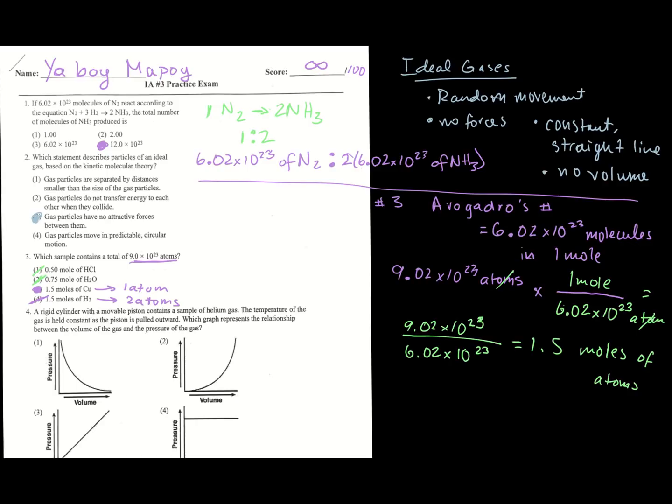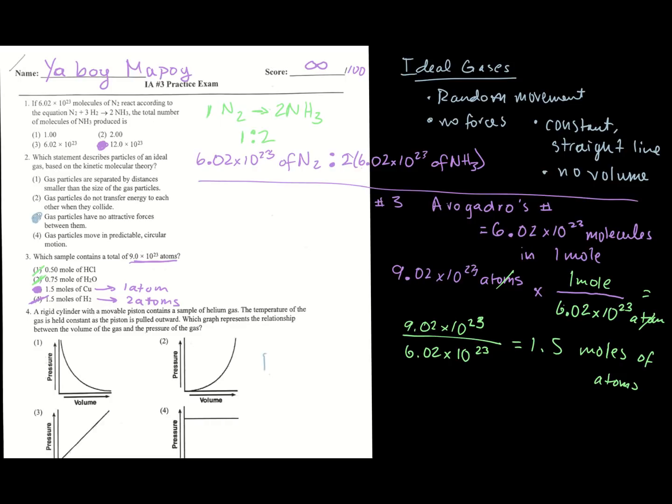Number 4, sorry. A rigid cylinder with a movable piston contains a sample of helium gas. The temperature of a gas is held constant as the piston is pulled outward. Which graph best represents the relationship between the volume of the gas and the pressure of the gas? So volume and pressure.